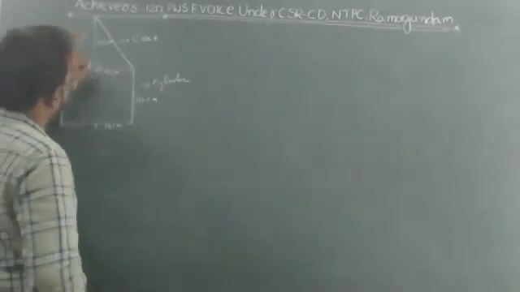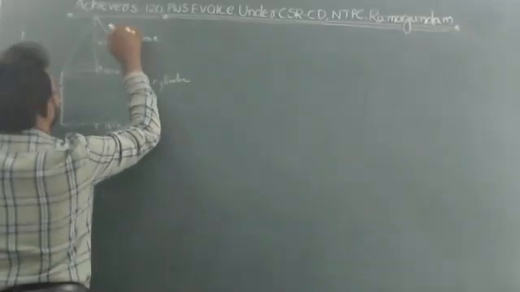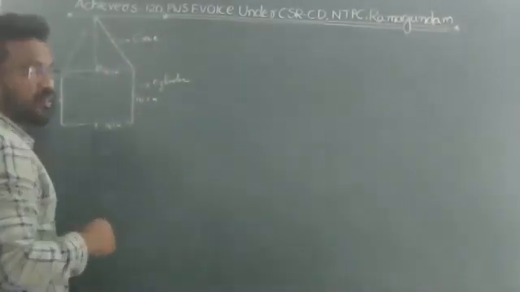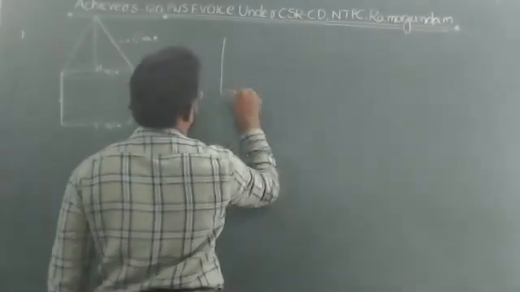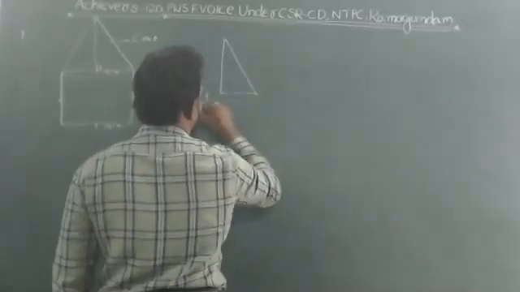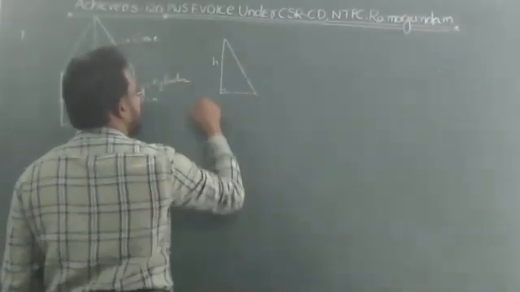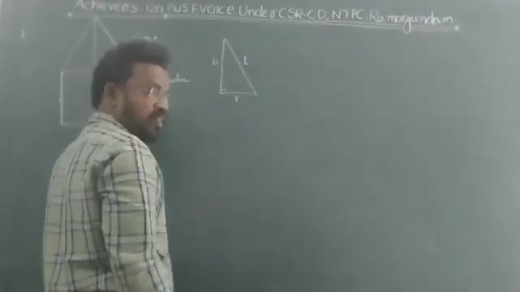Height we know. Sometimes the slant height will be given. If you want to find it out, from the right angle triangle by Pythagoras, this is h, this is radius, and this is L in a cone.